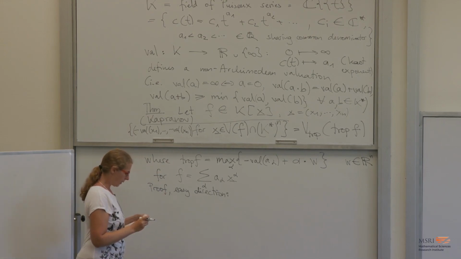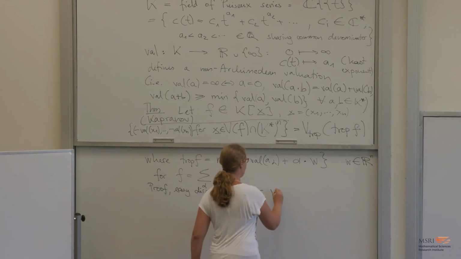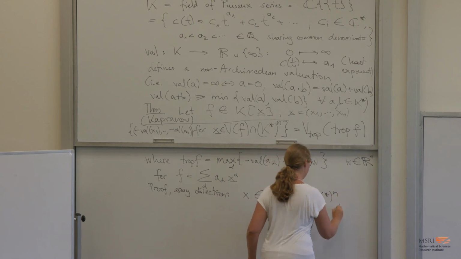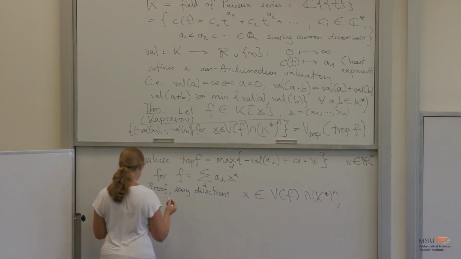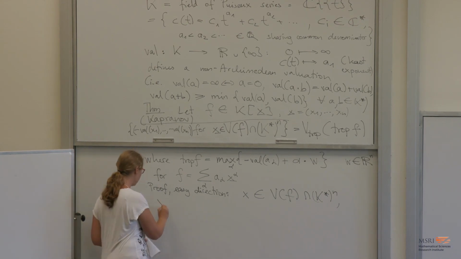So let's do that. Let's assume we have a point x in our V(f) intersected with a torus. And let's give this point x some names. x has coordinates, and all those coordinates are Puiseux series.